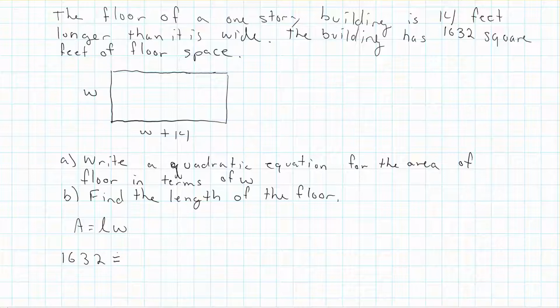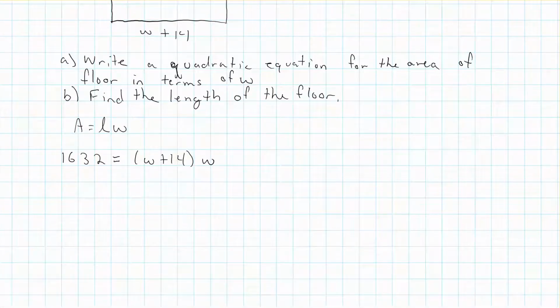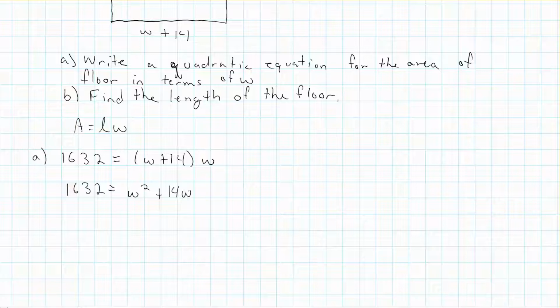And this is equal to the length, which is W plus 14, times the width, which is just W. Now we'll go ahead and multiply that out a little bit. And so we have 632 is equal to W squared plus 14W. Now we'll just leave it like that because that's a quadratic equation and it represents the area in terms of W.